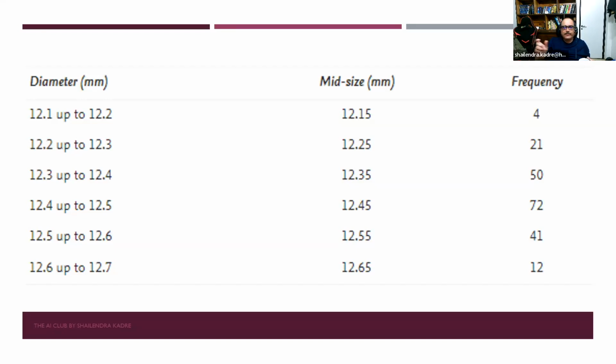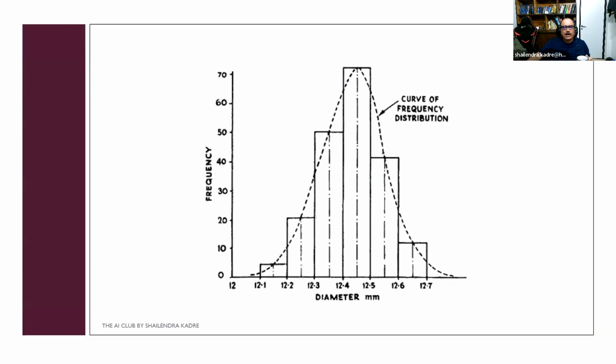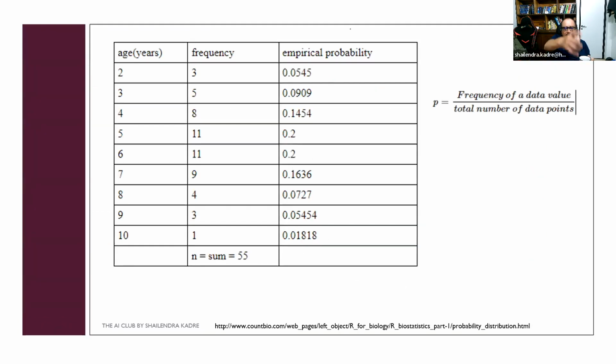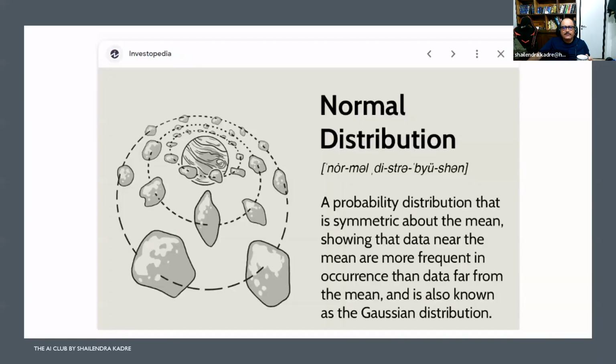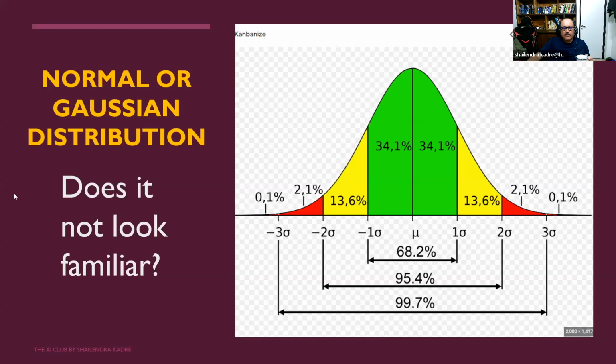The age of the students here I have taken as a whole number, but I can take 1 year, 1 month, or 1 year, 2 months, 51 days, and plot a very dense probability distribution. So it is always a continuous distribution.